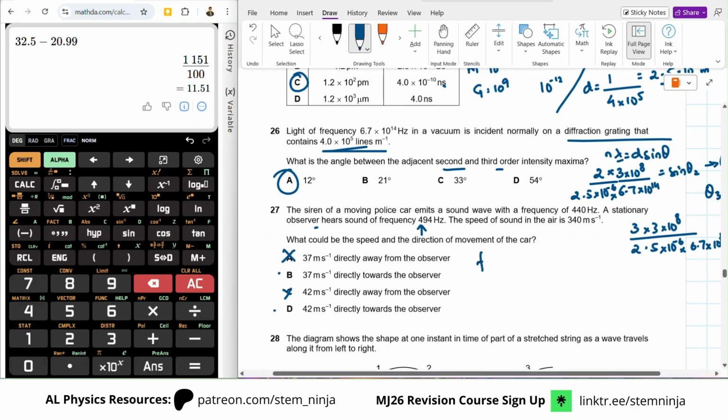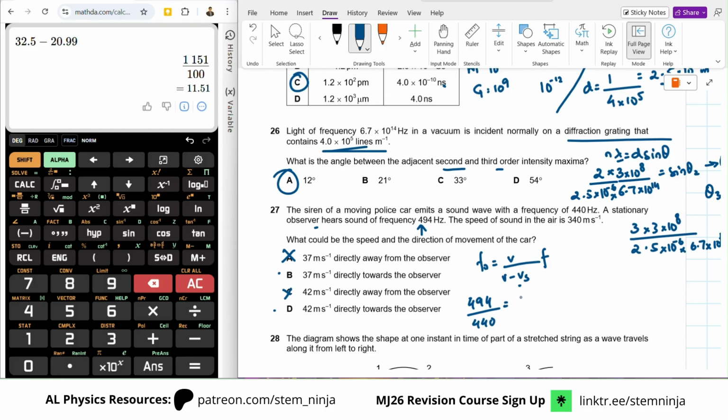So we have F naught equals V over V minus Vs times Fs. We need to figure out Vs. So F naught observed is 494, Fs is 440, V is 340, 340 minus Vs.